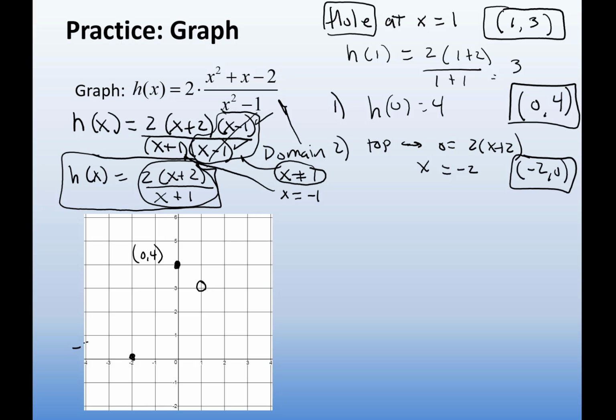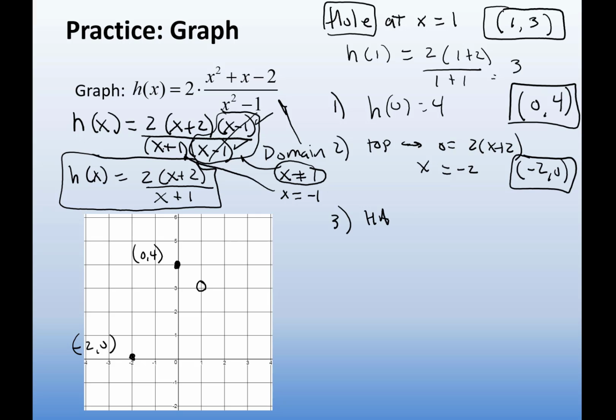I have a 0. So I've got another nice clue right here at (-2, 0). Next, I'm going to look at the horizontal asymptote. So the horizontal asymptote comes from the dominant terms, the leaders.